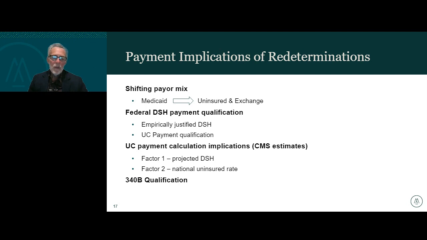And even if you retain DISH qualification, then you've got some additional things to worry about for community hospitals and rural referral hospitals, and that's meeting the 8% threshold to qualify for 340B eligibility, or to exceed the 11.75% payment add-on threshold to qualify as a DISH hospital, which obviously has big implications on whether or not the hospital will receive the benefits associated with 340B qualification and orphan drugs.